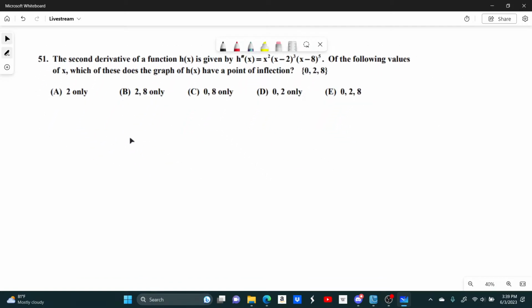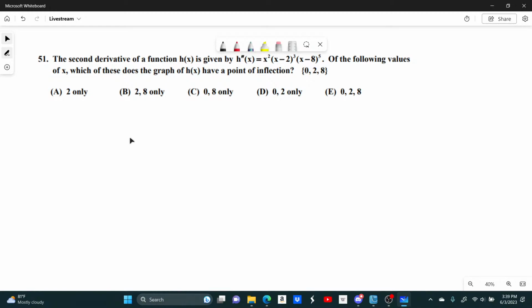All right. The second derivative of a function h of x is given by h double prime equals x squared times x minus 2 cubed times x minus 8 to the 5th. Okay, of the following values of x, which of these does the graph of h of x have a point of inflection?